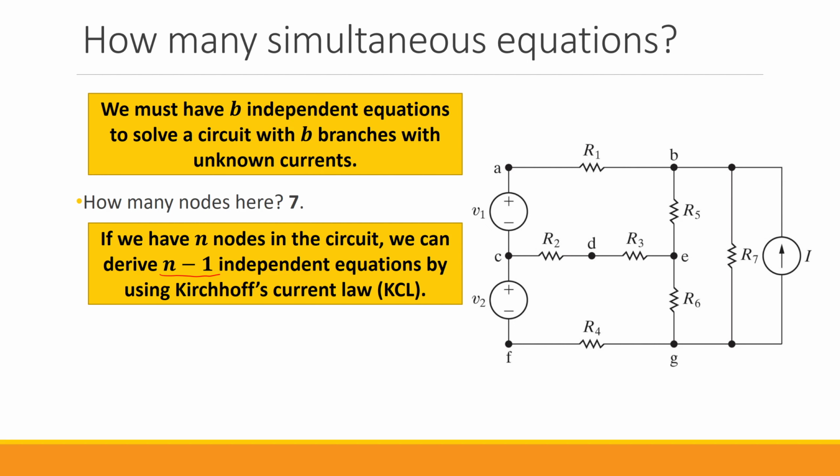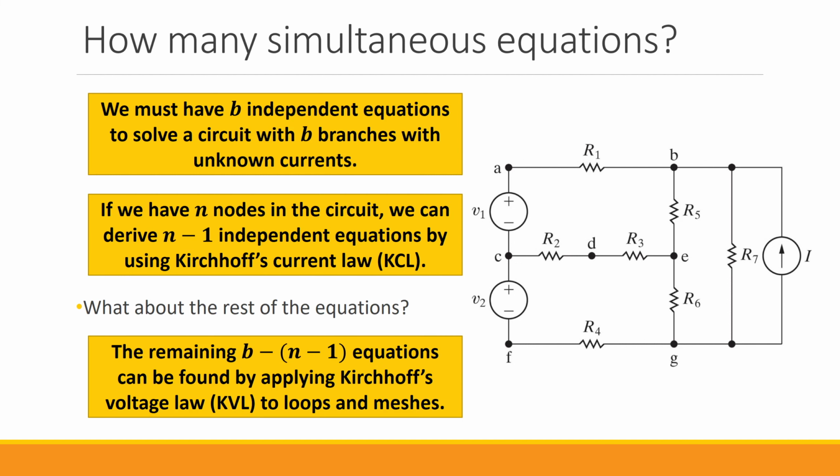Here, since we have 7 nodes, we can write 6 independent equations based on the KCL. The final step is to come up with the remaining equations that we need. The remaining b minus (n minus 1), so for our example 9 minus 6 or 3 equations, can be found by applying Kirchhoff's voltage law to loops and meshes in the circuit.